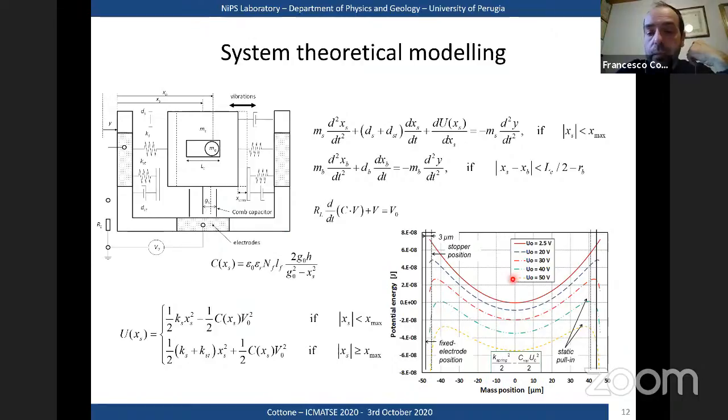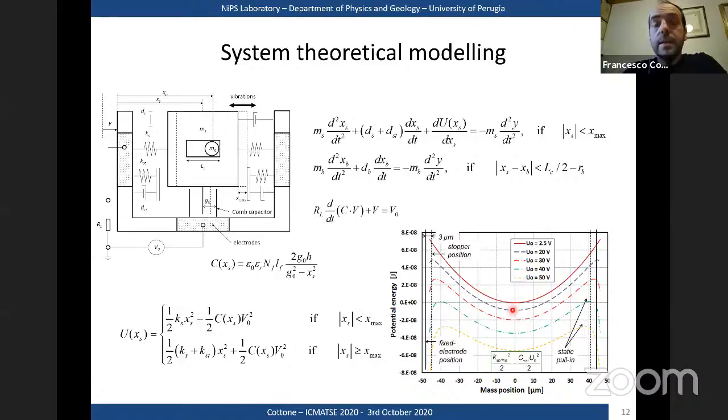These wells implement a nonlinearity in the dynamics. So the system, with high bias potential, starts to have very high nonlinearity, and presents not only one equilibrium position at the center, but three equilibrium positions.